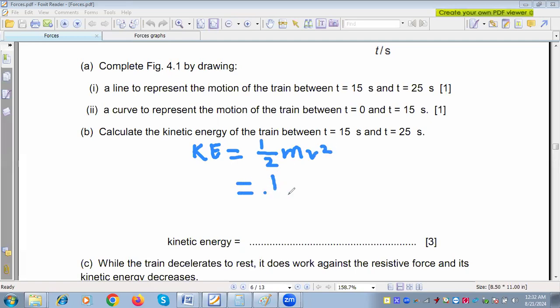Half into, let me check the mass of this, into V. V is 20.